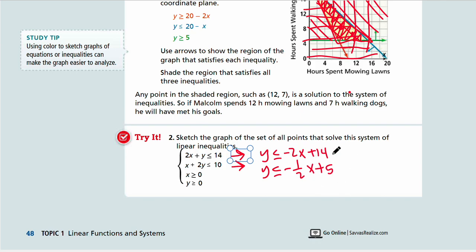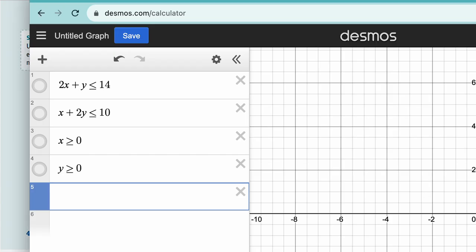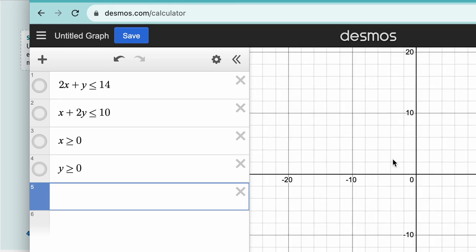And then you graph these equations, and they're all solid lines because they're less than or equal to, right? And then you color downwards from these lines. And then you have x greater than or equal to 0, y greater than or equal to 0, okay?